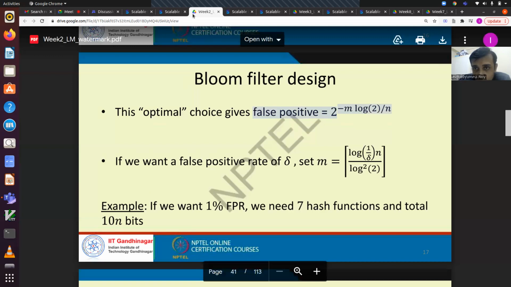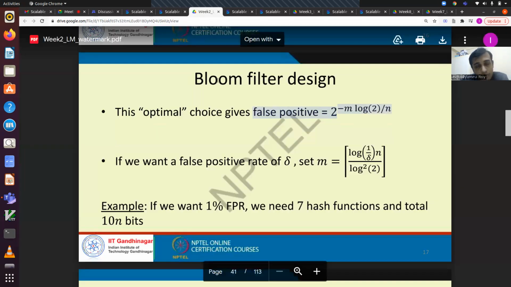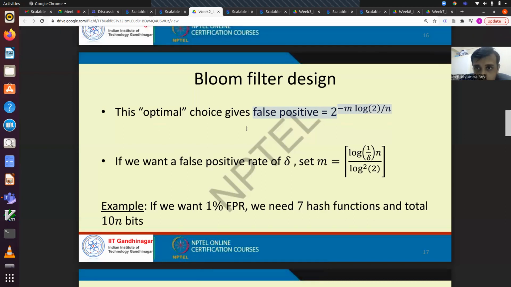Okay, so what is the length of the bit vector and the number of hash functions? Okay, so what is the length of the bit vector? Hold on.